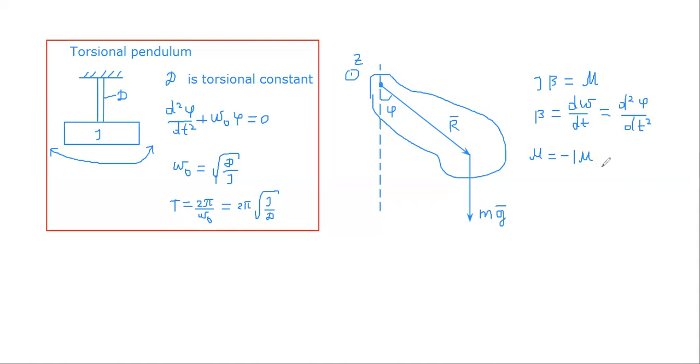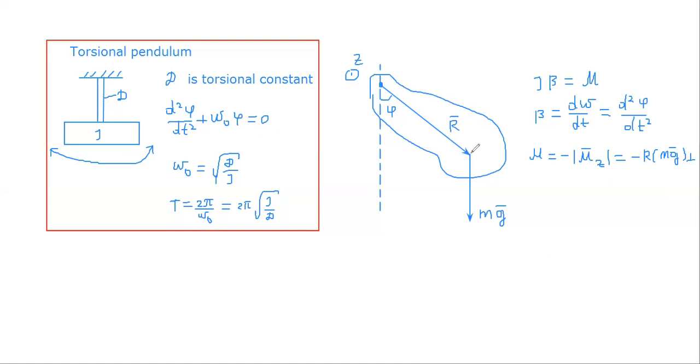So we have that this is equal to minus r multiplied by the part of mg, or the projection of mg, on the direction that is perpendicular to axis z and vector r.